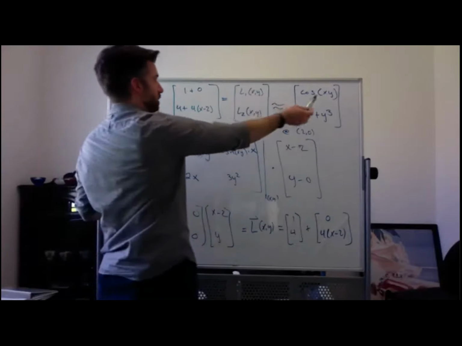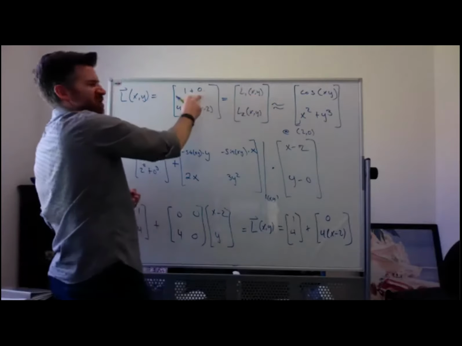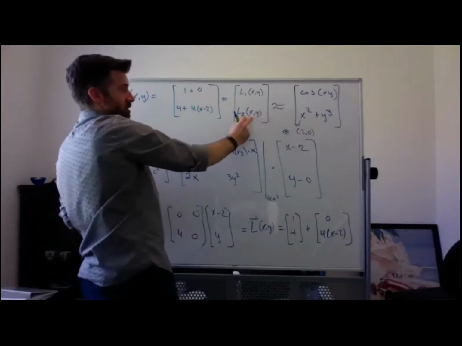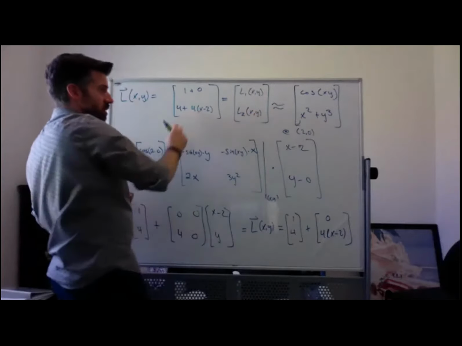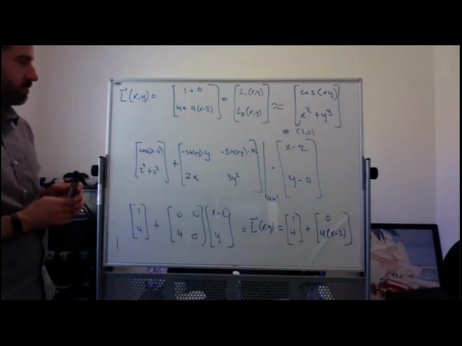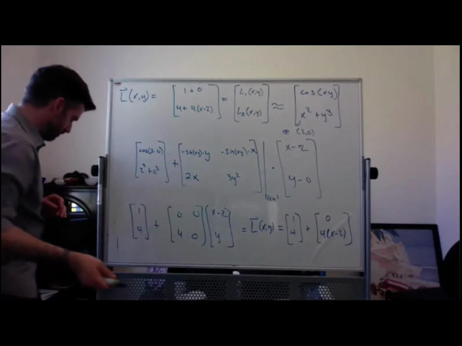Cosine of xy is approximately equal to the linearization in the first spot, which is just 1. And x squared plus y cubed is approximated by the linearization in the second entry, which is just 4 plus 4 times x minus 2. Does that clarify things a bit? Yes, yeah, thank you.